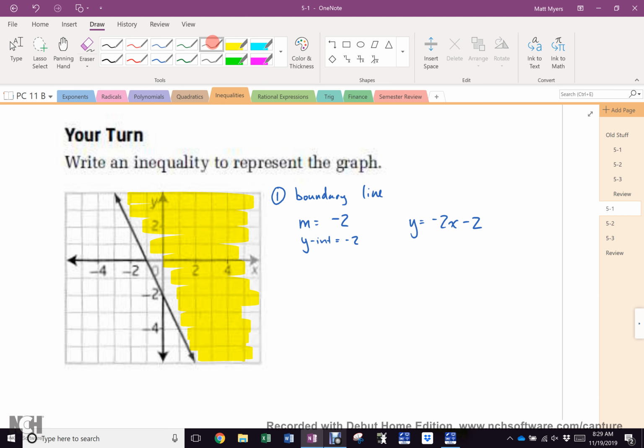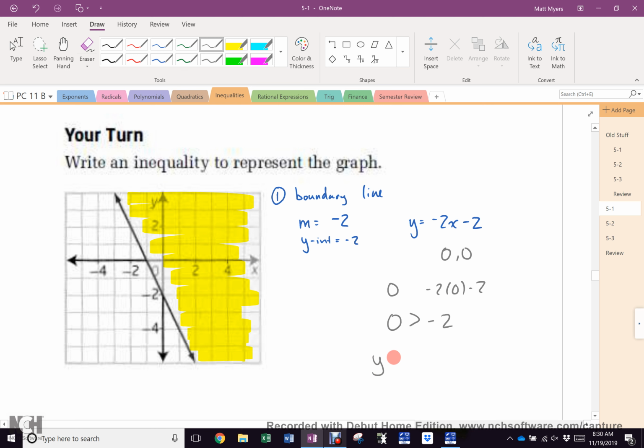So I take my 0, 0, 0, negative 2, 0, minus 2, 0, negative 2. How does the arrow go? 0 is greater than negative 2.